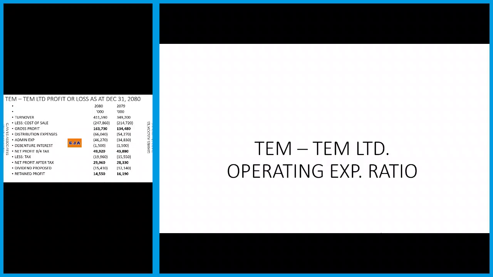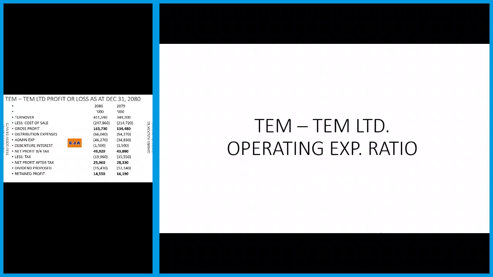Operating expense ratio. So we had 66 and 46 together. We should be having 112,310 divided by our sales, which is 411. Don't forget the year that we are dealing with, while you can deal with the second year having understood what we've done.